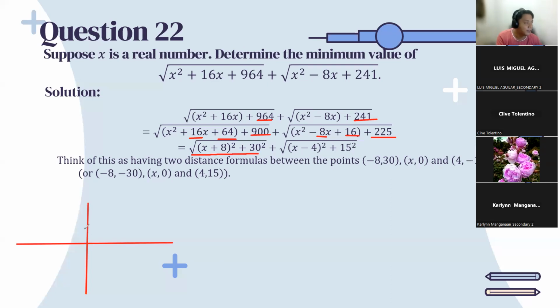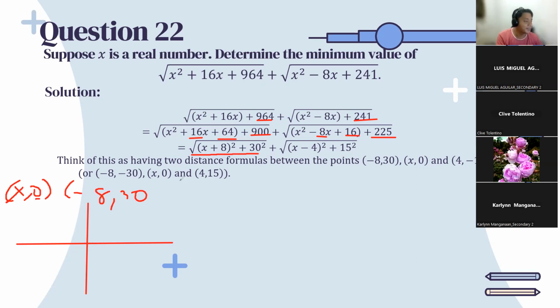You can have negative 8, because of course the distance formula is x sub 1 minus x sub 2. So one of my points would have to be x, 0 to have x here. So x plus 8 means that one of my points is negative 8, right? So x minus negative 8 is x plus 8. And for 30 squared, I have two possible values. I could have 30 or negative 30.